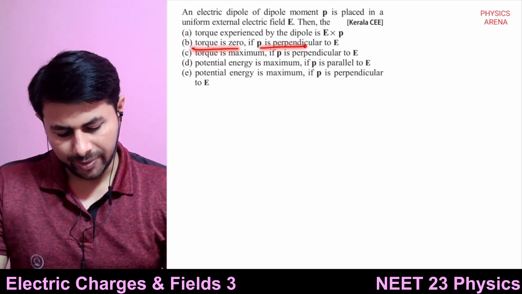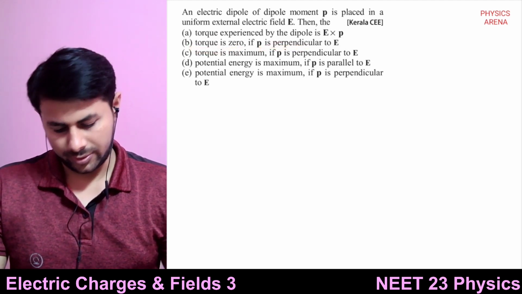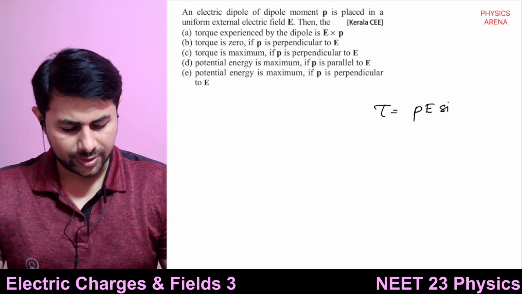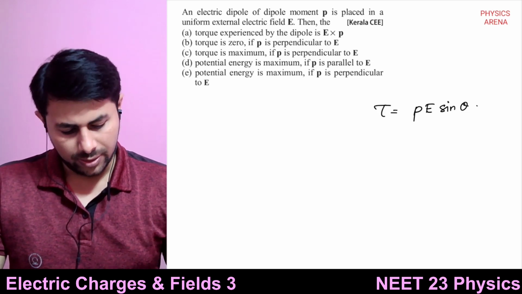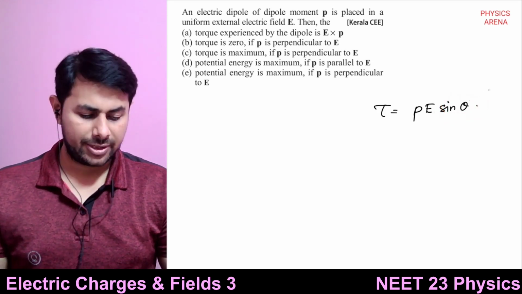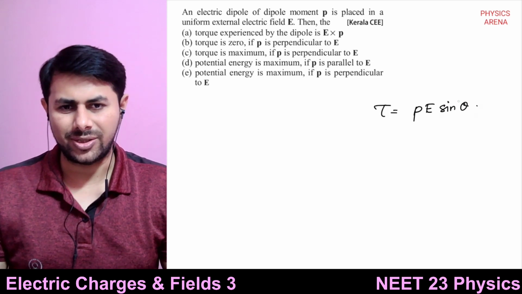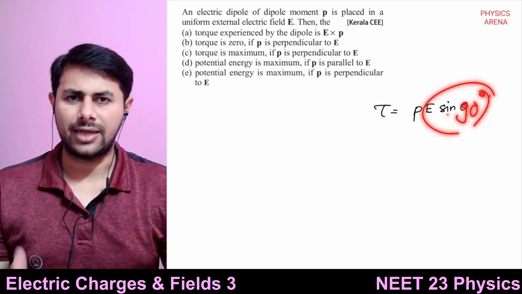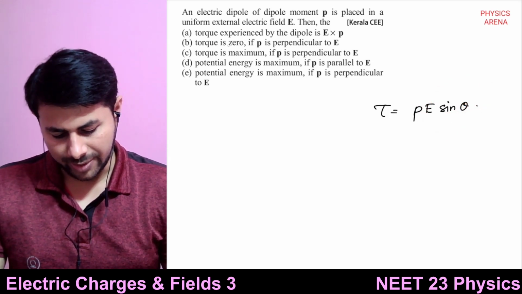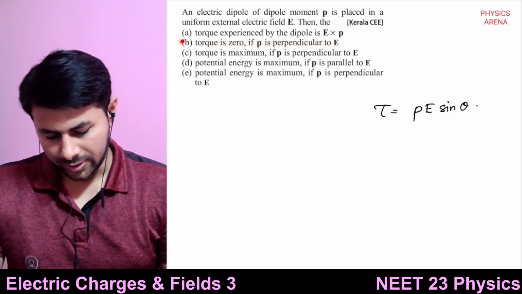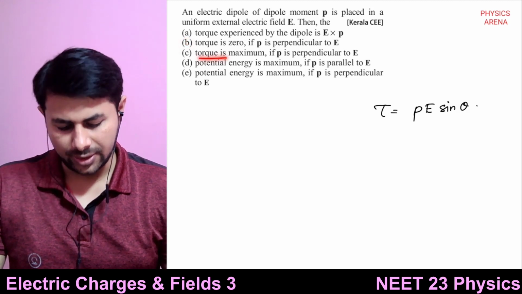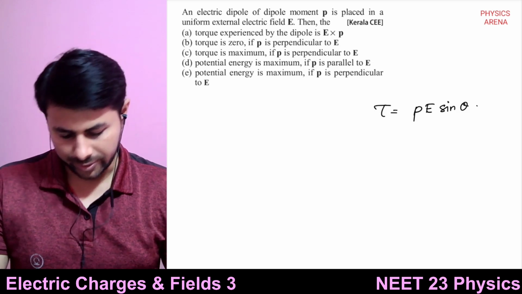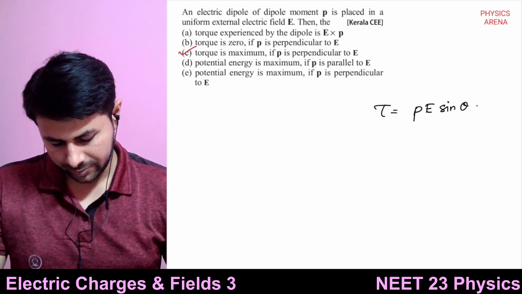Option B, torque is 0 if P bar is perpendicular to E. Torque is equal to PE sine theta. If the angle between them is 90, then torque is maximum actually, since sine of 90 is 1. So this is not true. Option C, torque is maximum if P bar is perpendicular to E bar. This is true. So this is the answer.